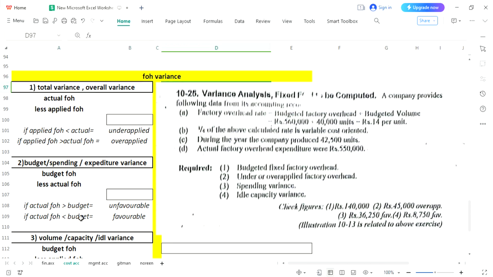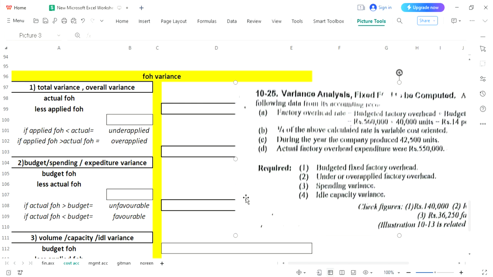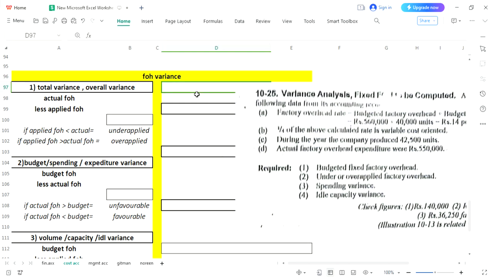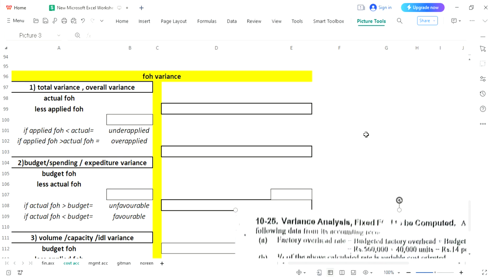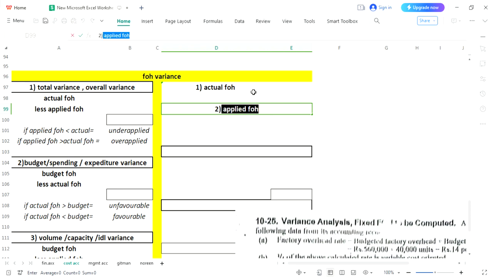Here we were having the second section. You need to calculate three major FOHs which will be used to calculate the variance. Again, we will be doing the same thing. First would be the actual FH, and thankfully it would be given in the question. Secondly, you will calculate applied FH.